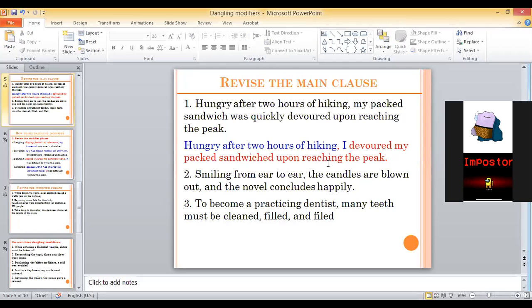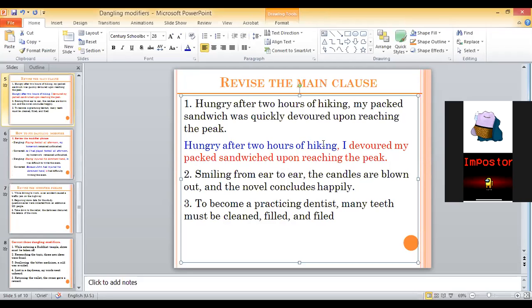Now my modifier has a word to modify, the word is I. But before, my packed sandwich cannot be hungry.